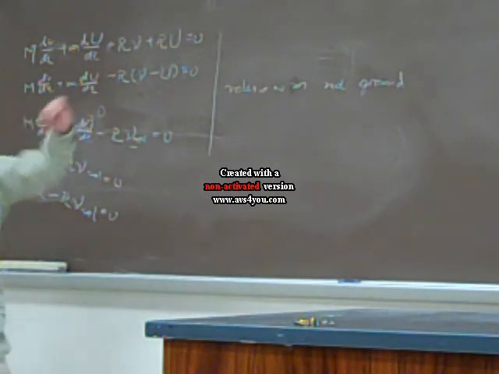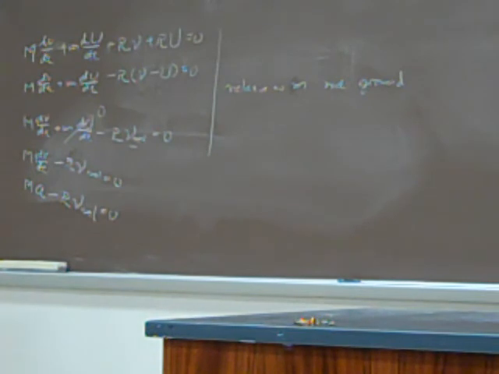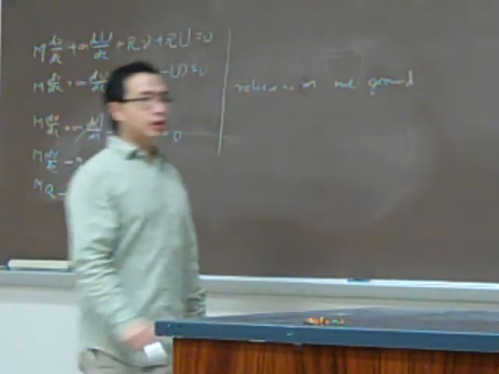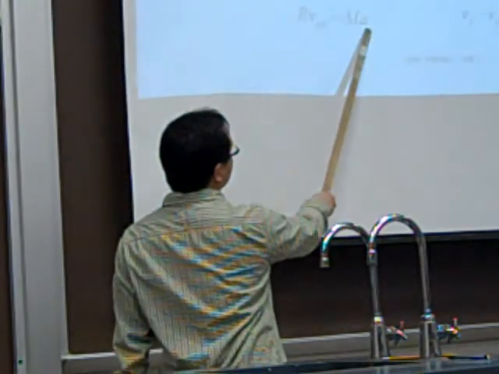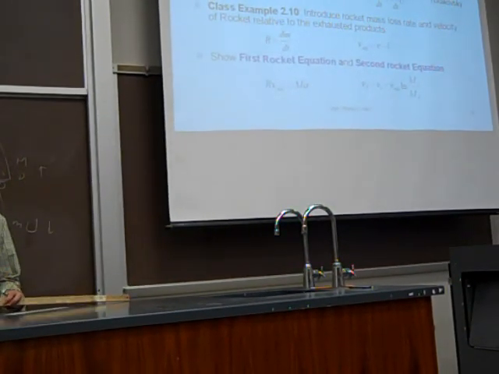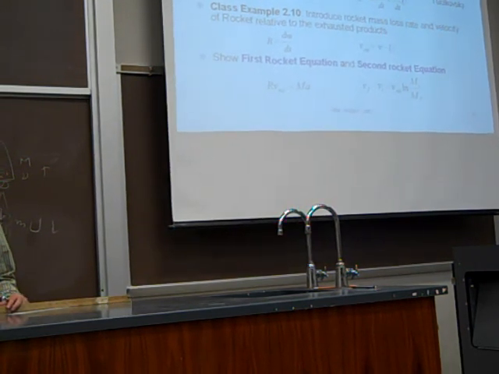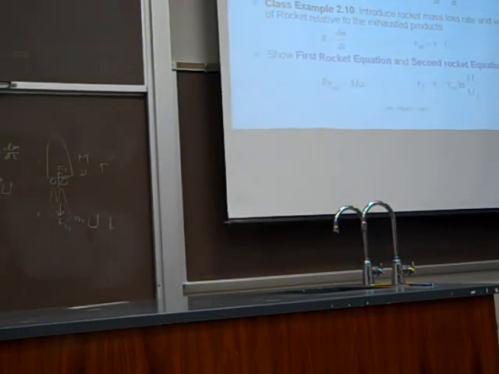And that equals the first rocket equation, right? So that tells you the dependence of the acceleration of the rocket on the relative velocity. Okay, so you can see the larger the relative velocity, the larger the acceleration. So if you want to make a large acceleration for the rocket, you have to emit the exhausted product at a very fast speed.